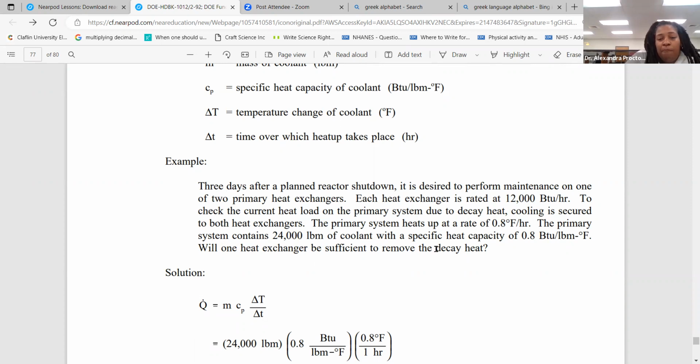The primary heats up at a rate of 0.8 degrees Fahrenheit per hour. The primary system contains 24,000 pound mass of coolant with a specific heat capacity of 0.8 BTU per pound mass degree Fahrenheit. Will one heat exchanger be sufficient to remove the decay heat?